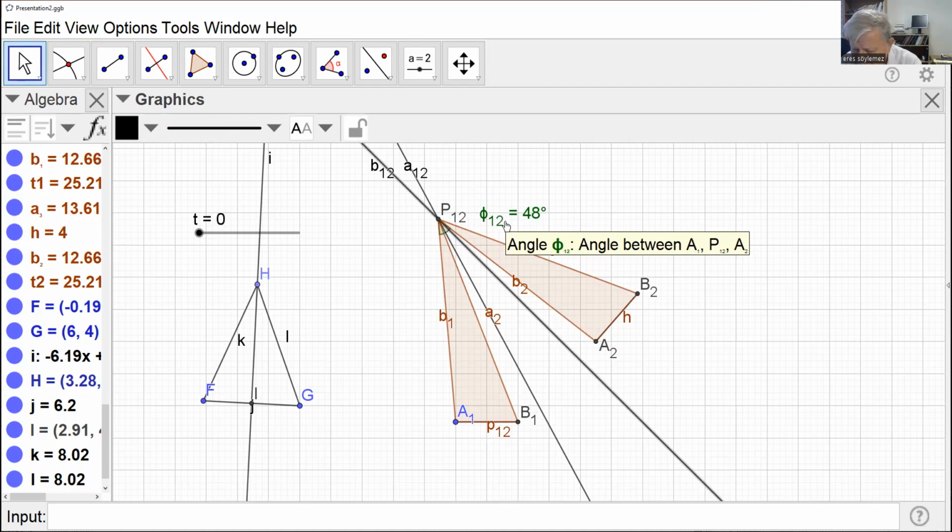For this case, it's 48 degrees. The angular rotation is not important because it can be any two positions, so forget about it.